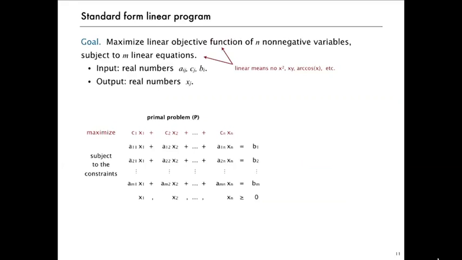So that brings us to the standard form of a linear program in general. In general, we have way more than two variables, and we have lots of different linear equations. What we're going to do is get rid of inequalities and just deal with equalities, and we'll talk about that in a minute.